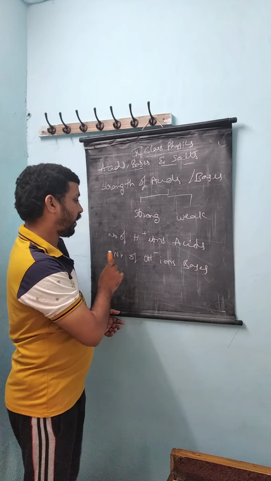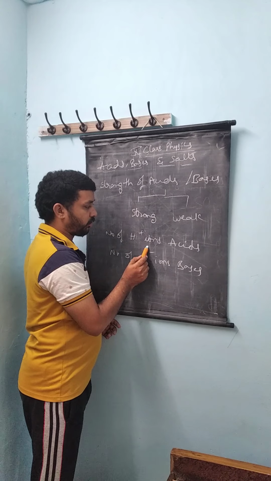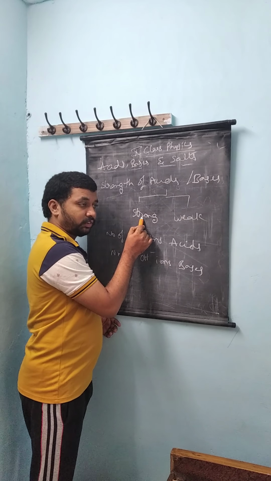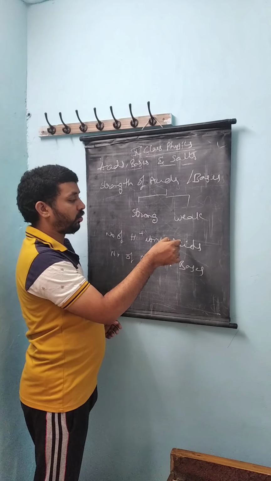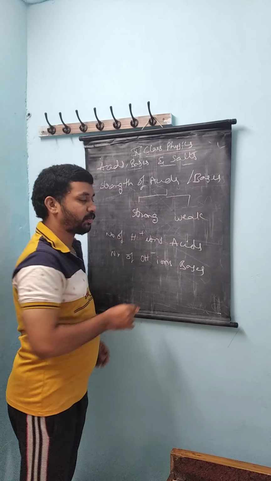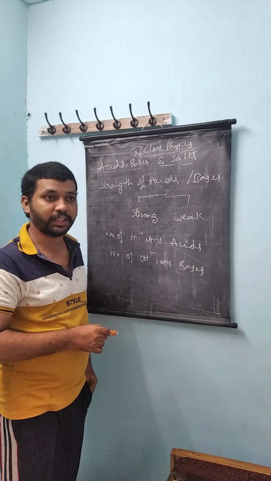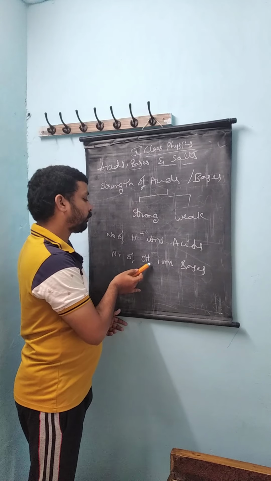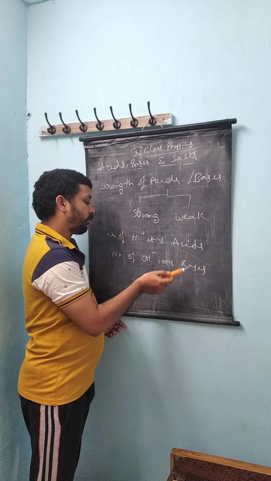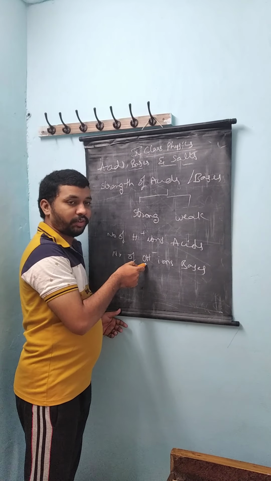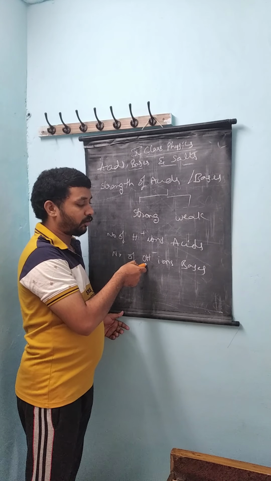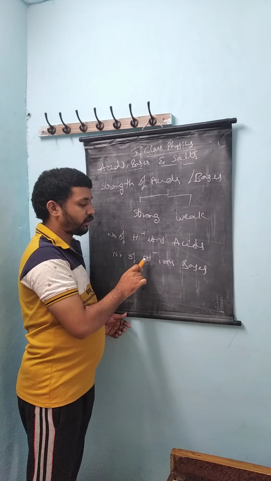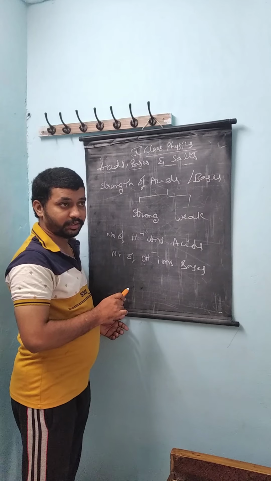If the solution has more H plus ions, we call it a strong acid, and if the acid has fewer H plus ions, it is termed a weak acid. Likewise, bases with more OH minus ions are called strong bases, and with fewer OH minus ions are called weak bases.